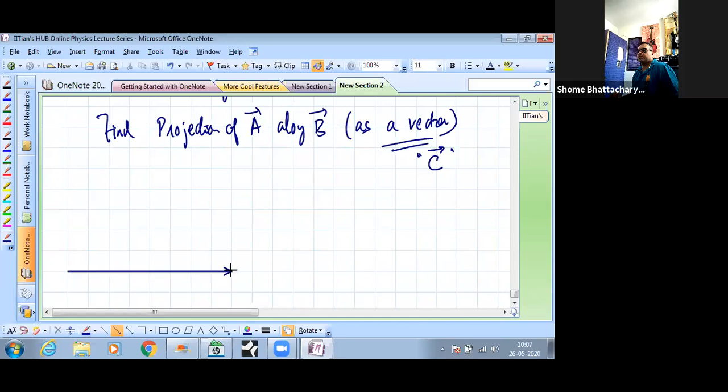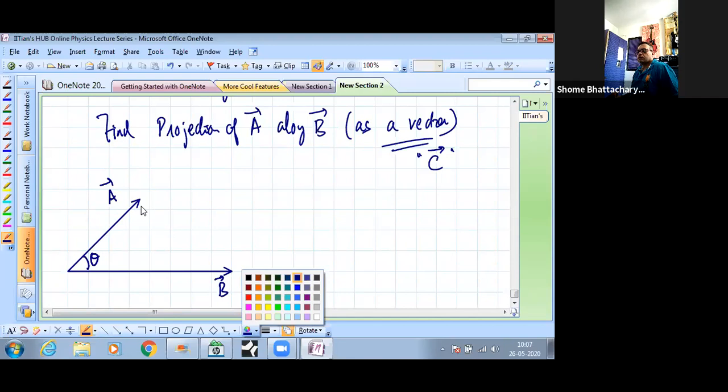So what I mean here is that if this was my vector B and this was a vector E, drop this perpendicular here.